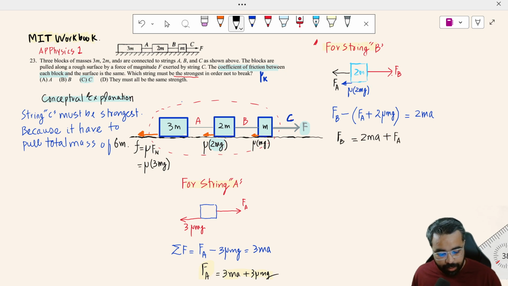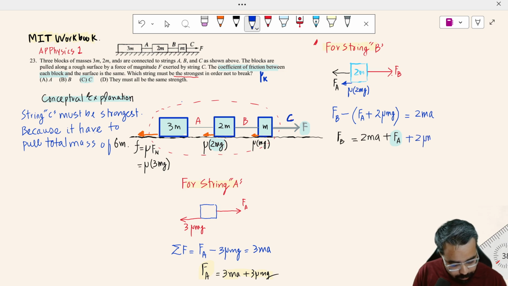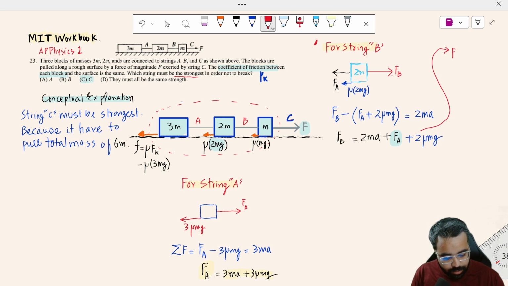Look at this: Fa, the force in string A, is directly added into this expression to give the force in string B. It is obvious now that the force in string B is more than the force in string A.